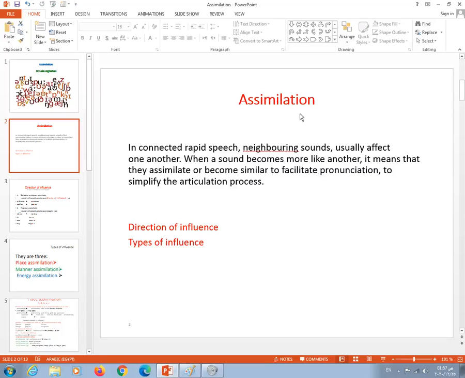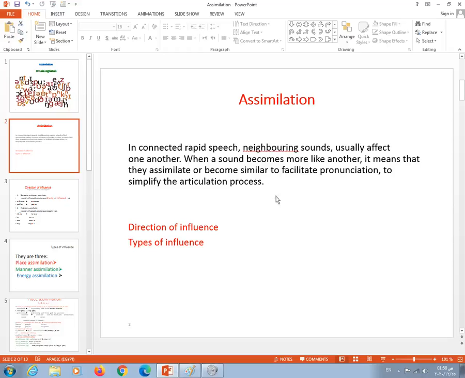So look at the word itself, assimilation. It's derived from the root simile, okay? Assimilation. So sounds, when they get together next to one another, they assimilate or they influence one another in different ways.